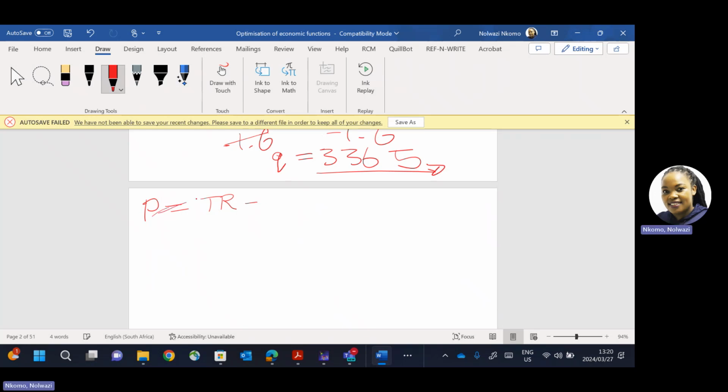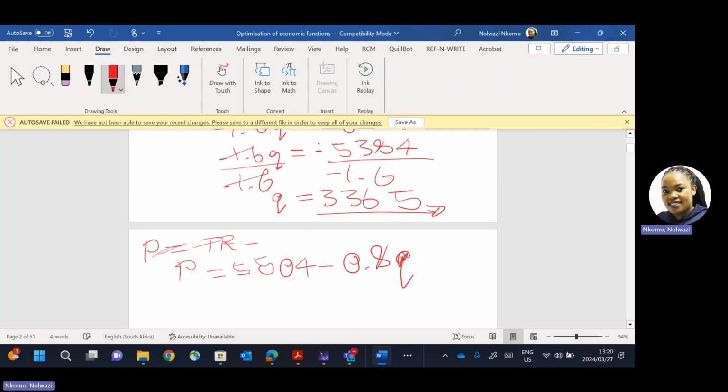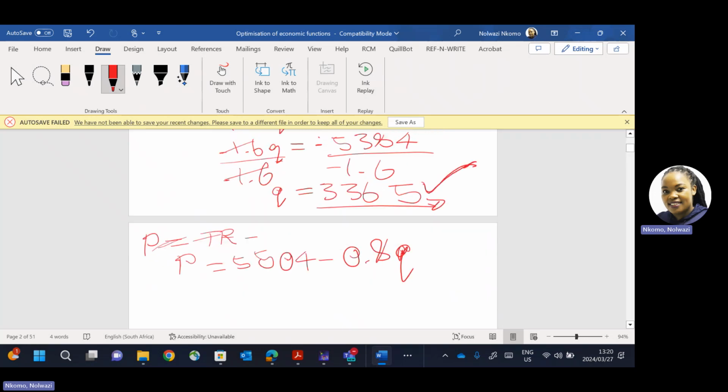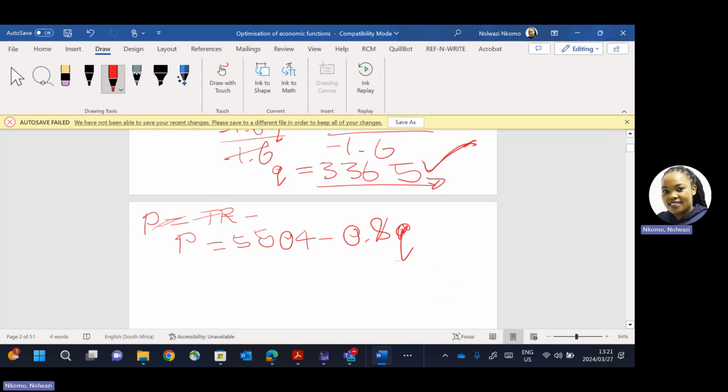Remember, we were given a demand function as P equals 5504 minus 0.8 Q. And since this is the quantity when the profit is maximized, we can just substitute it here and solve for the price.